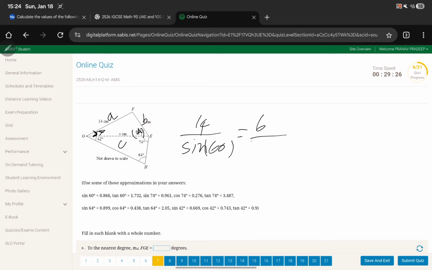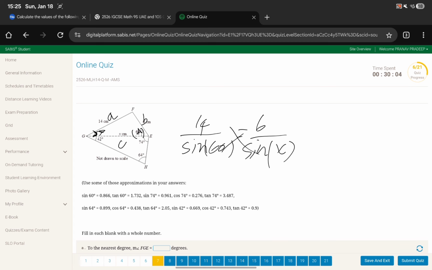Okay, 6 over sine x for now. I hope you know how to put alpha equals and shift solve. You can do cross multiplication or just solve it in division form. So 14 over sine 60 equals 6 over sine x, the unknown value, and then you do shift solve, and you'll get 21.7.